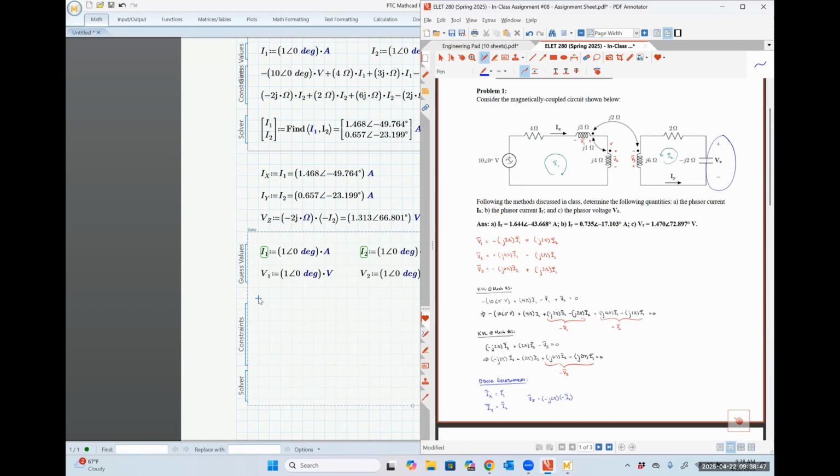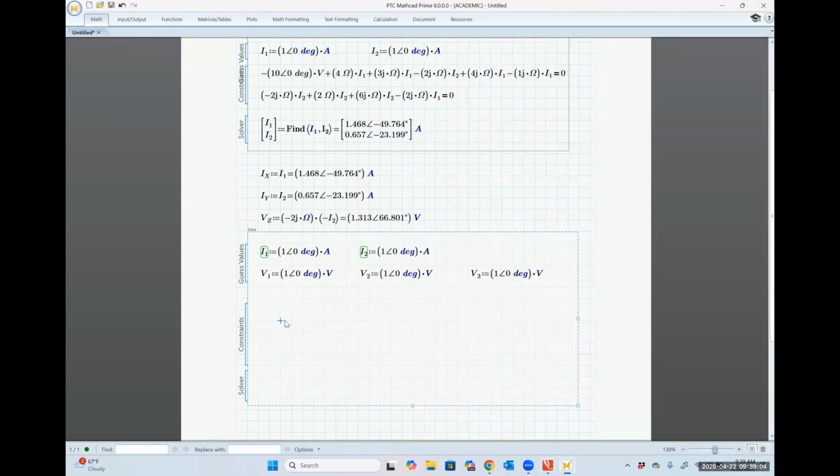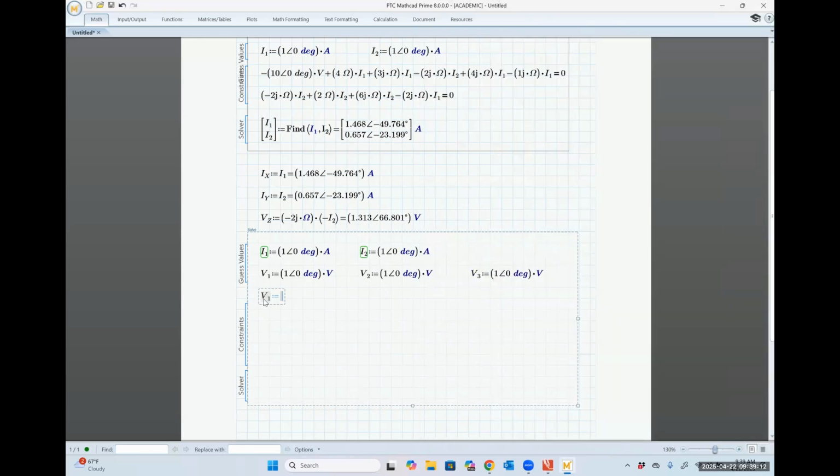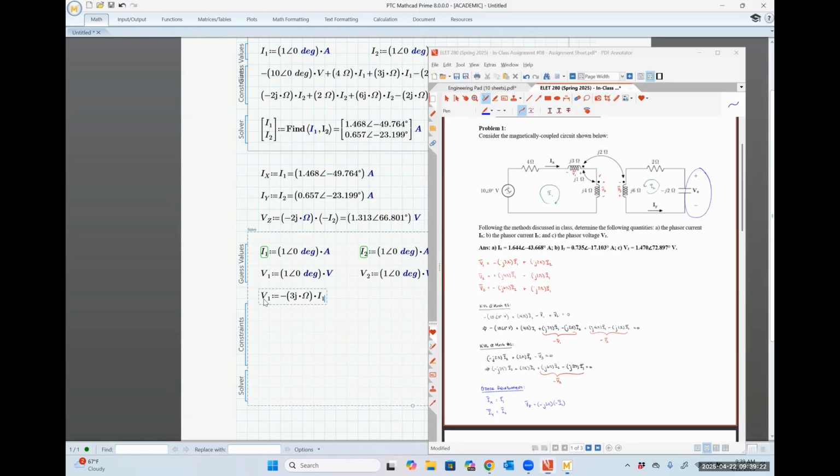So all I'm going to do right now is plug in those relationships that we got for V1, V2, V3, as well as our first simple KVL equations to make sure that when I did those substitutions, nothing got messed up there. So V1 was negative J3 ohms times I1 plus J2 ohms times I2.